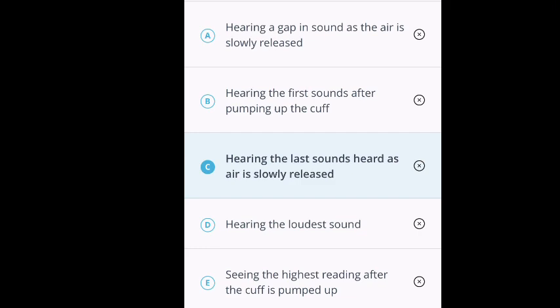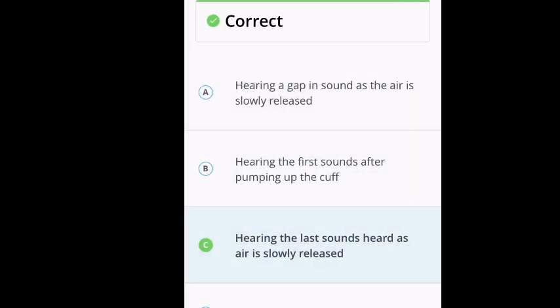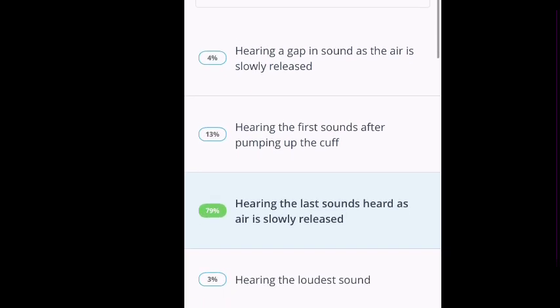The correct answer is hearing the last sounds heard as the air is slowly released.